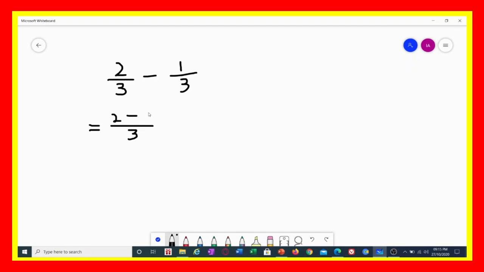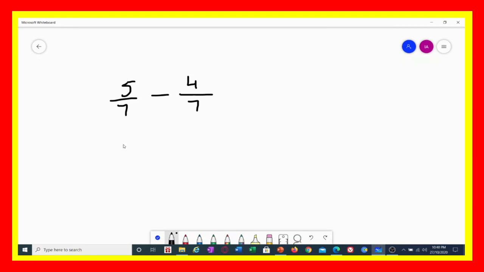The bigger numerator is first, 2 take away 1. So 2 take away 1 is equal to 1, and the answer fraction is 1 divided by 3. Simple.